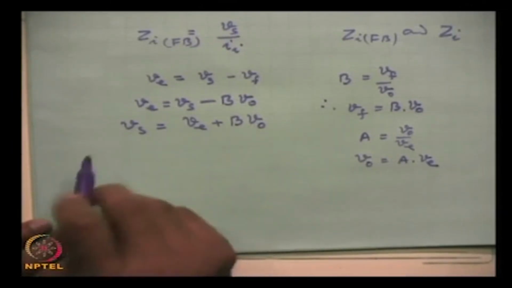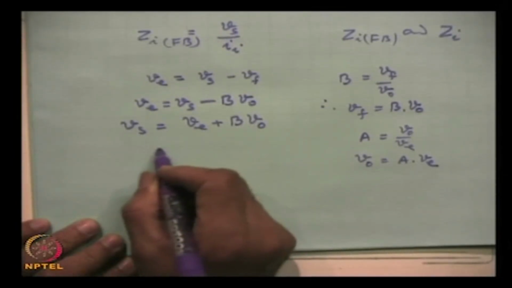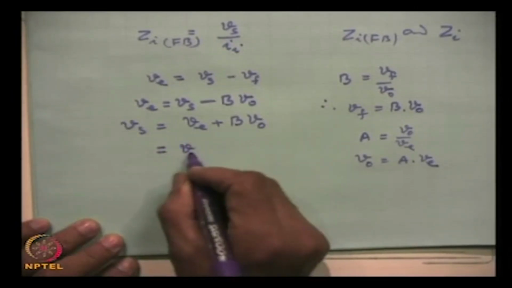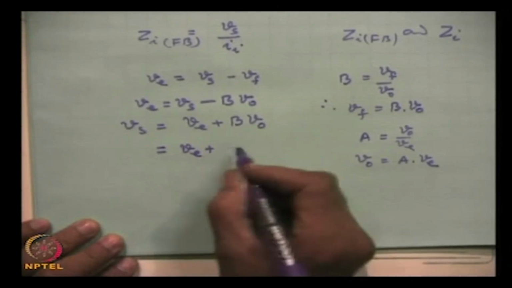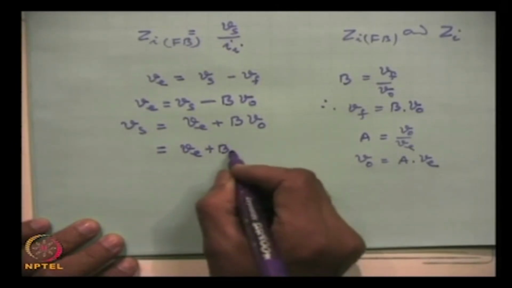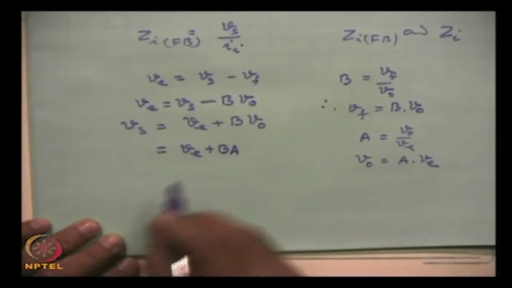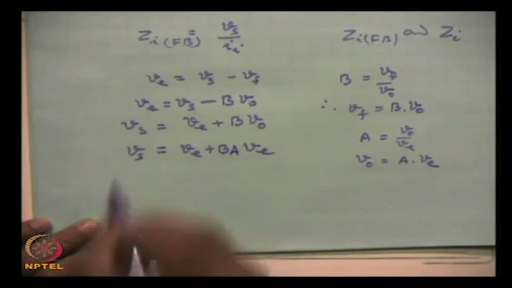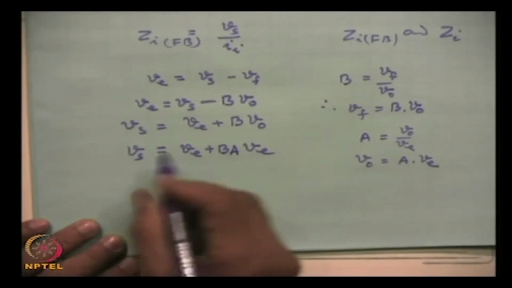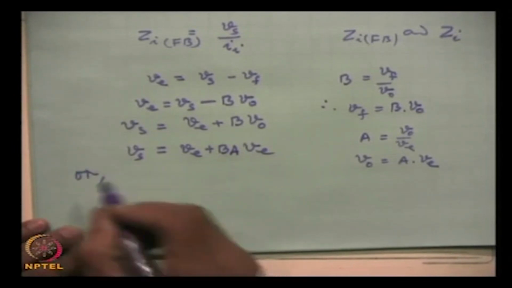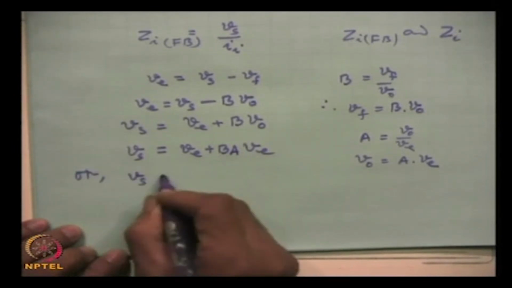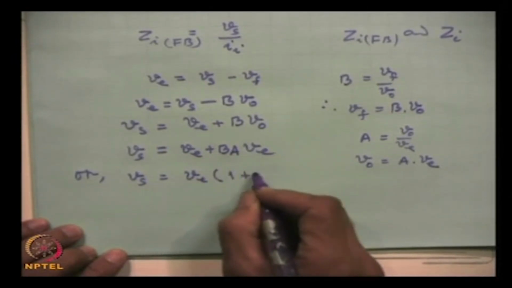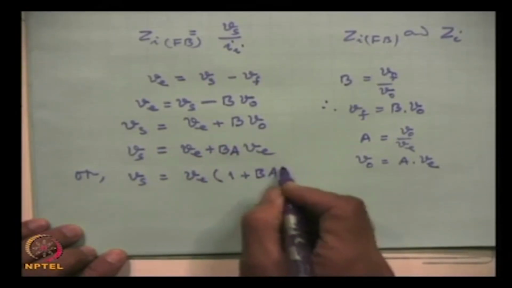So, this expression becomes Ve plus B A into Ve, this is Vs, or Vs equal to Ve (1 plus B A).